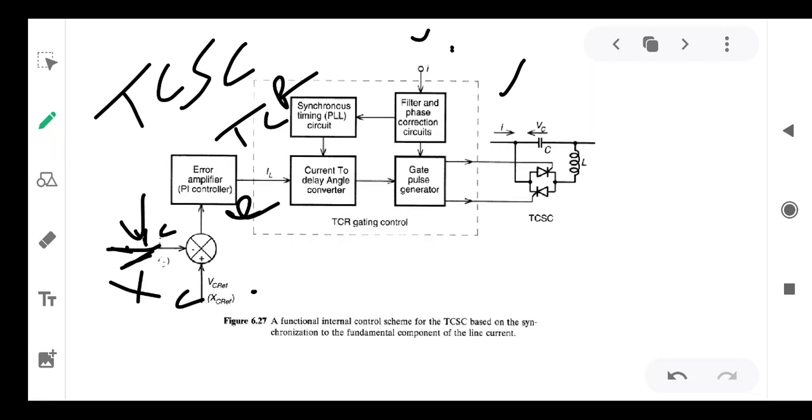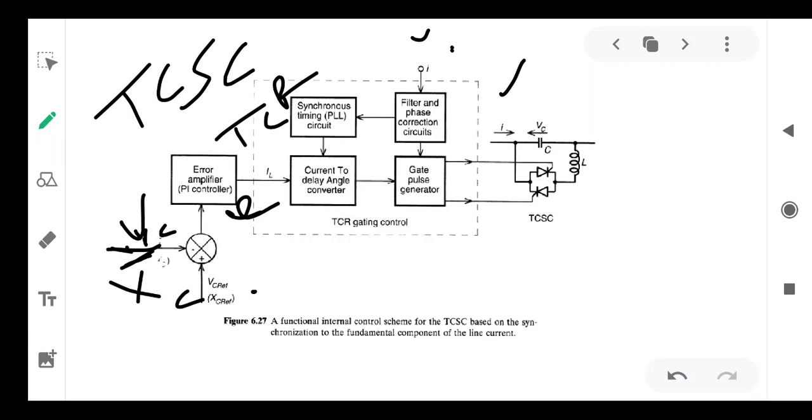Therefore, when the terminal voltage is more, then you require more IL. When the terminal voltage is low, you require low IL.